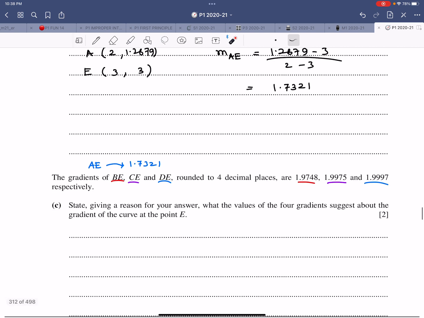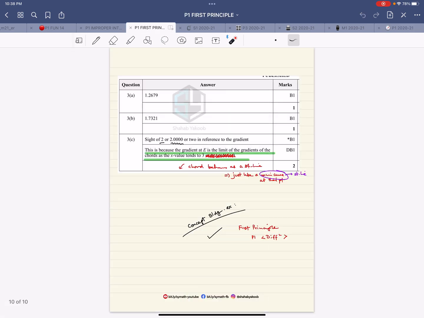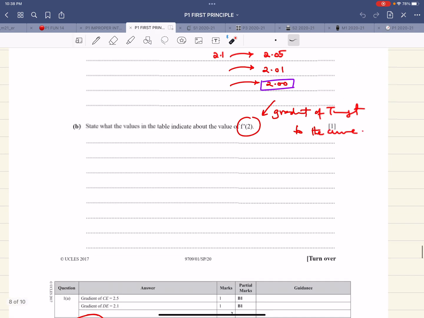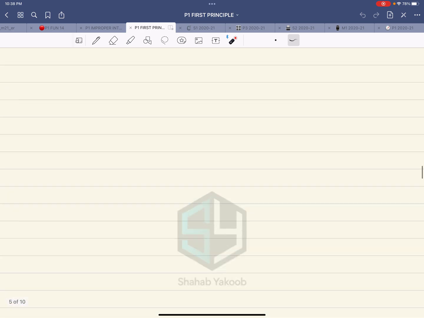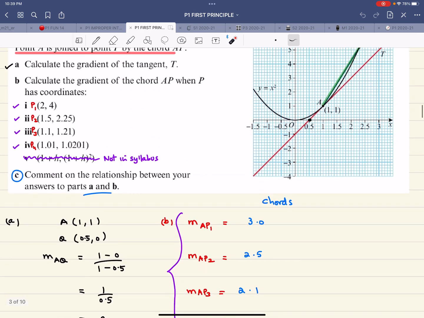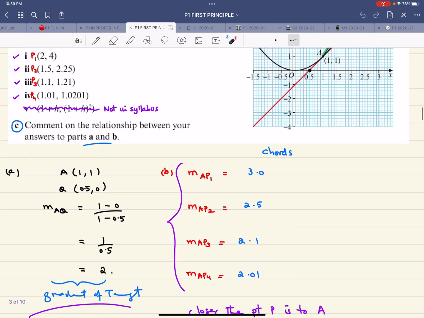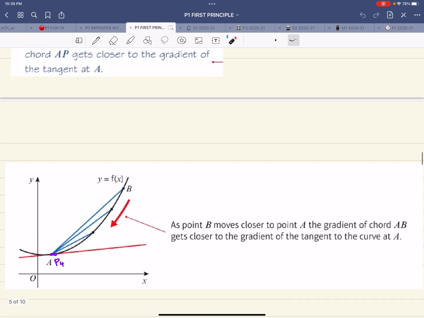State, giving a reason for your answer, what the values of the 4 gradients suggest about the gradient of the curve at this particular point. Now remember, we went over this idea and this is exactly the same question that we have done. I think this diagram would be beneficial for this one.